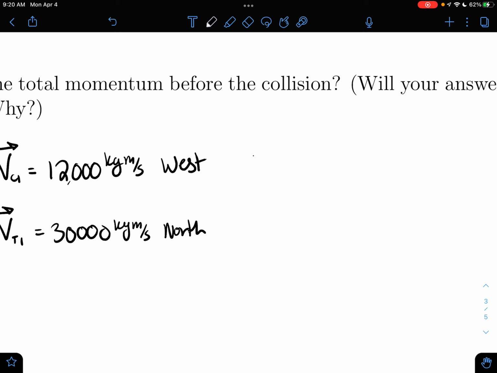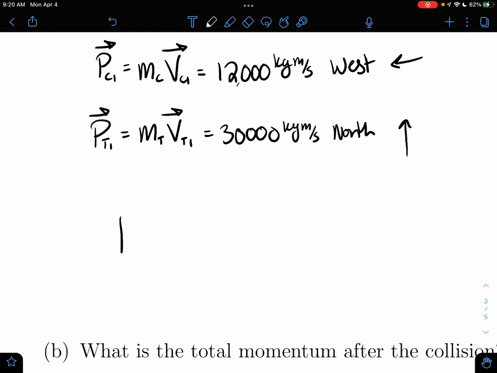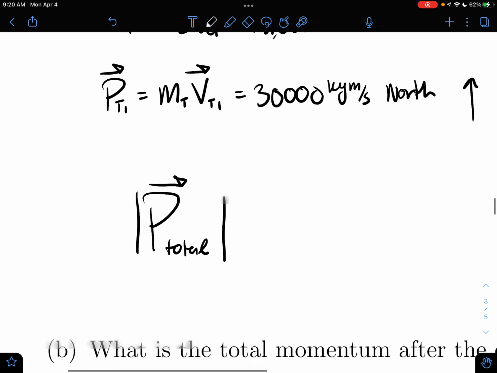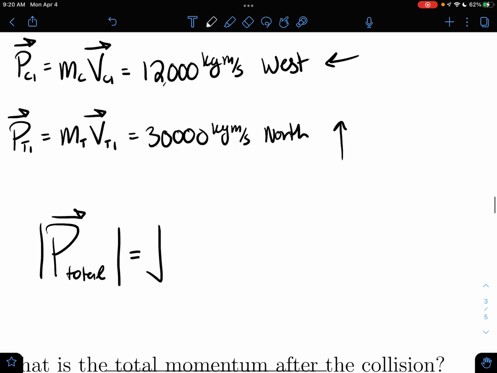We have one vector going west, one vector going north. Luckily, they're perpendicular to each other, so we can just use the Pythagorean theorem. Our magnitude of our total initial momentum, right, remember the absolute value sign doesn't mean absolute value, it means magnitude of a vector. We can take the square root of our 30,000 squared plus 12,000 squared.